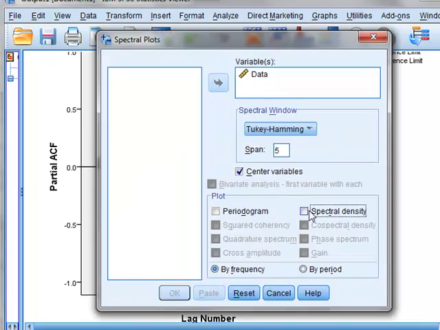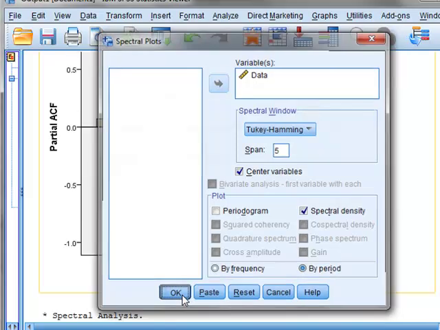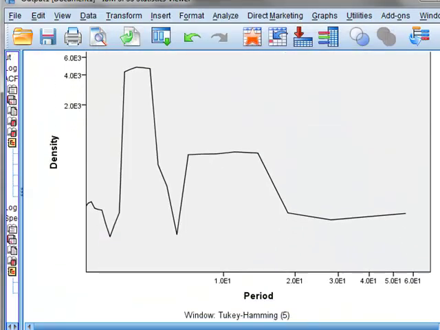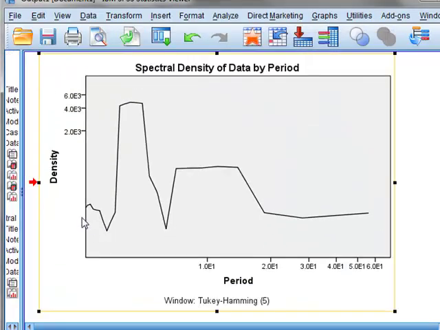So we select spectral analysis and we will record this by period. Click OK. So what we see is this curve, which plots the strength of any frequency component against the period of that component. On this axis, 1E1 represents a period of 10, then 20, 30, 40.